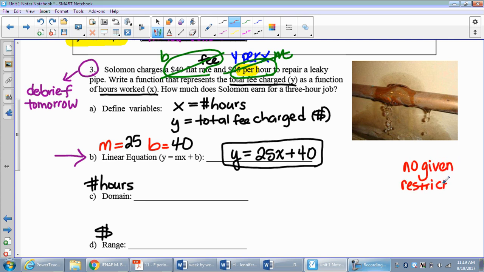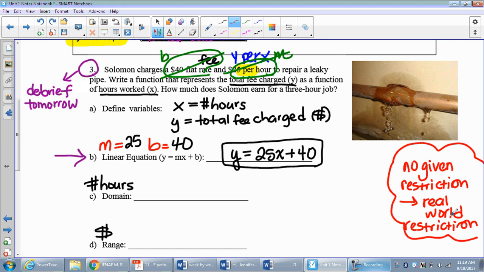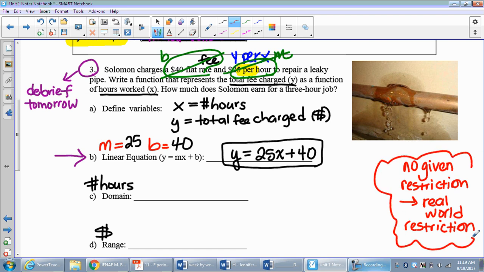It's a real world restriction. So here, we need to consider, what do we know in general about time?